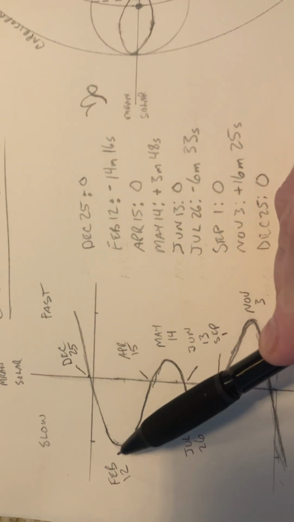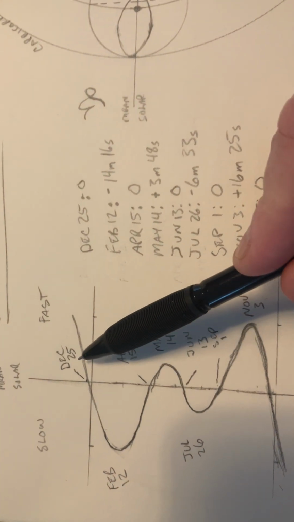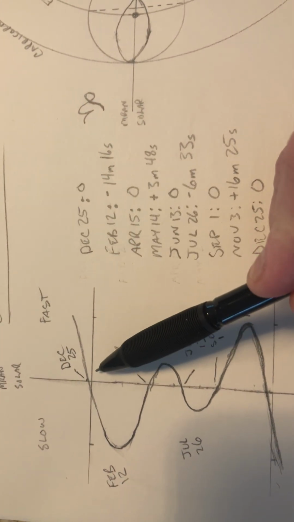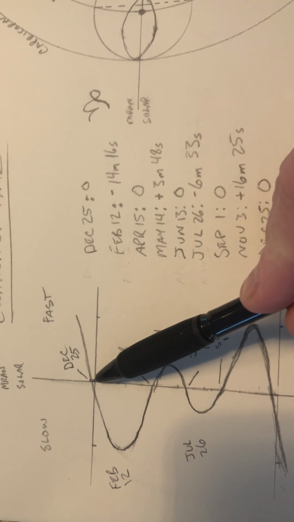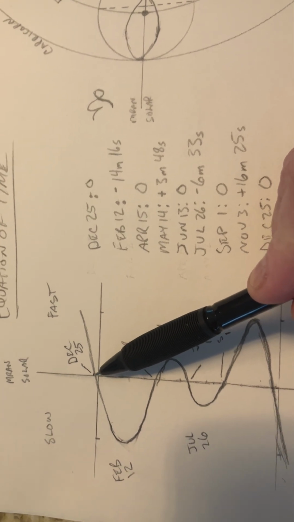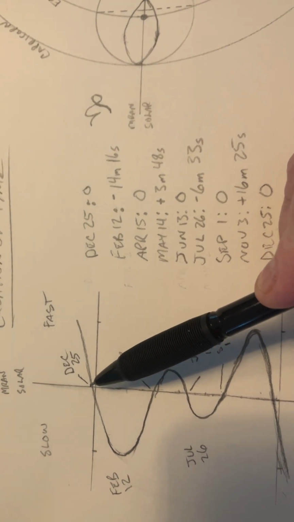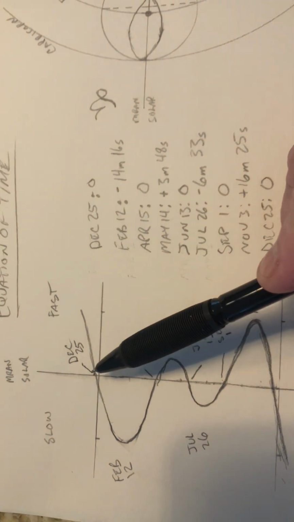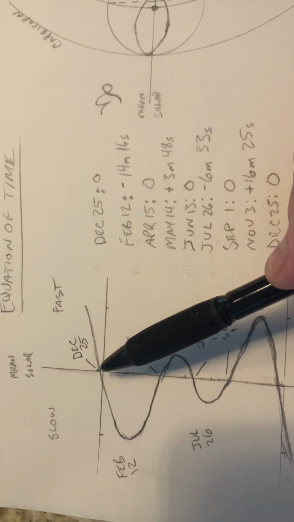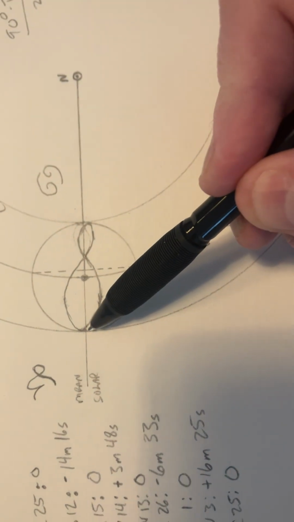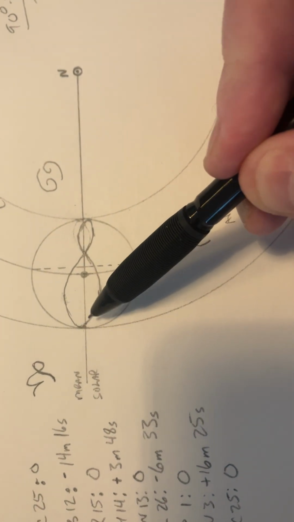And how does this differ over the course of the year? Well, December 25th is our crossing point, so we're going to coincide there. Our noon time on our watch is going to be the same as the noon time of the actual sun. And that's going to be right here, just after the solstice.